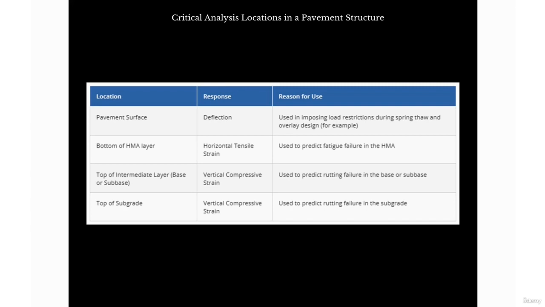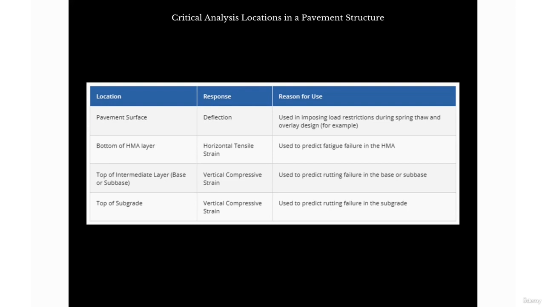The reason for use is to impose load restrictions during spring thaw, and for overlay design. We check the pavement surface so that we know what load restriction to set. If you have a very heavy truck, there are some roads where you're not allowed to travel because we know for sure you're going to cause rutting, or you might actually cause failure.